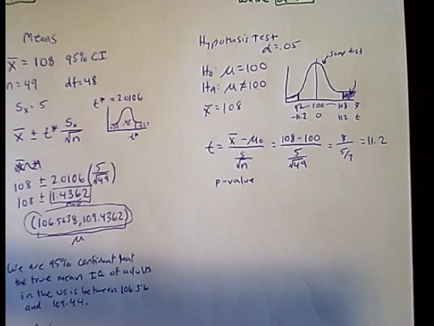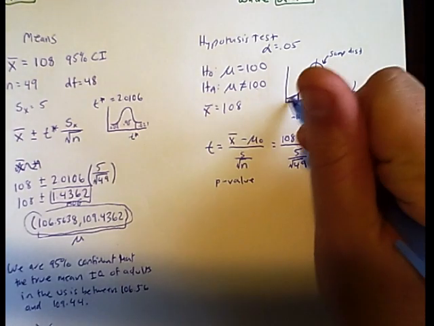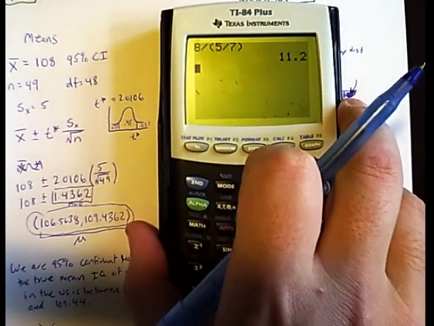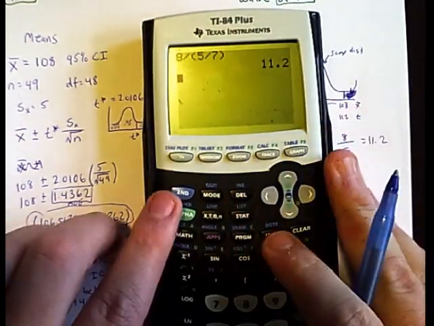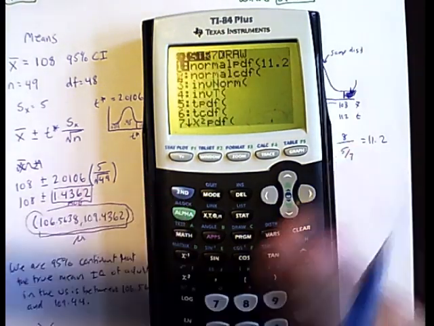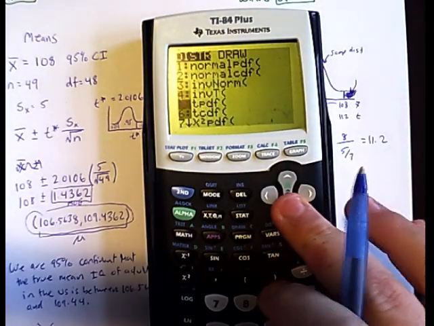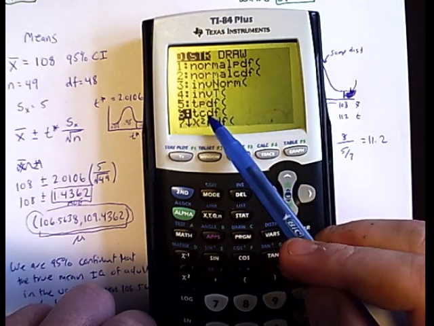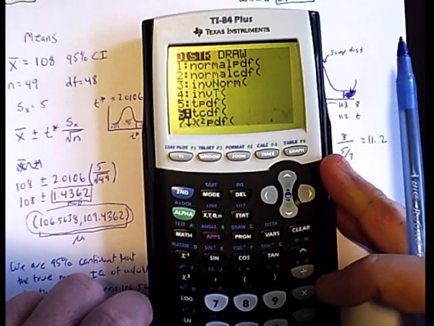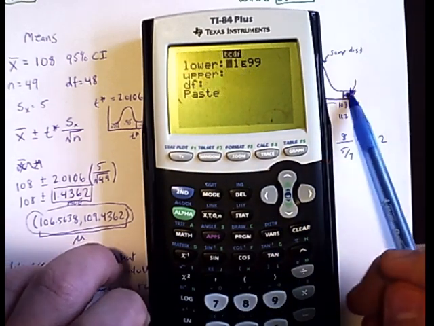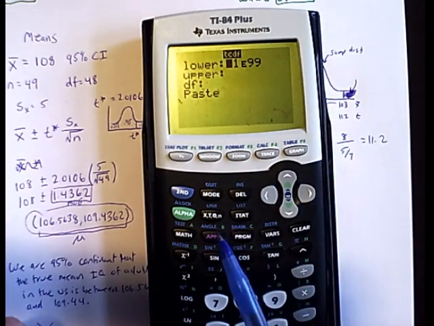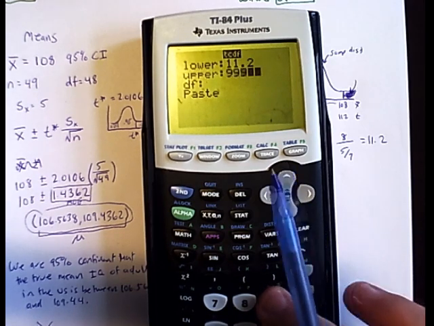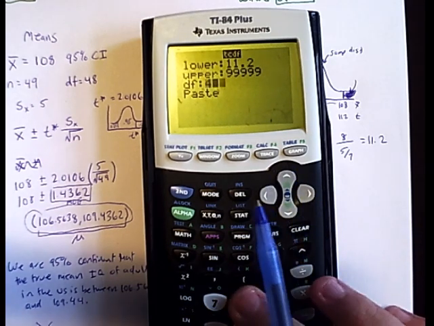Right, so how do I find the p-value? I'm going to find this area, and then I'm going to double it to get that. So on the calculator, okay, there's a way we can do this. We can go to our distributions, and we can go TCDF, which means the t distribution, and C stands for cumulative. So for instance, if I wanted to find this area right here, the t-value starts at 11.2, it goes up to infinity, and the degrees of freedom is still 48 here.